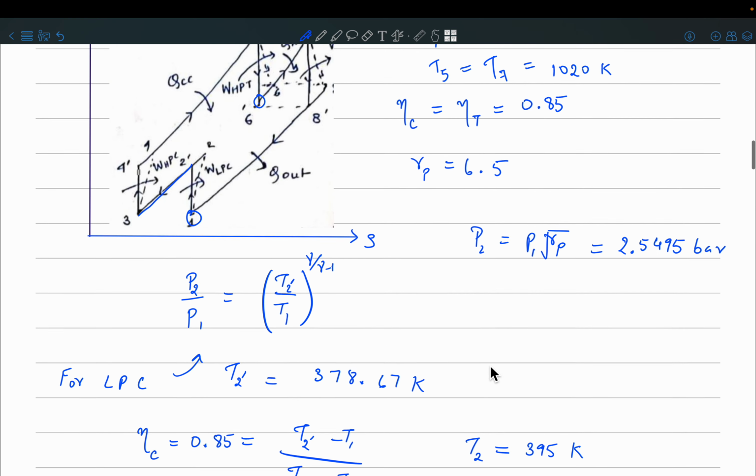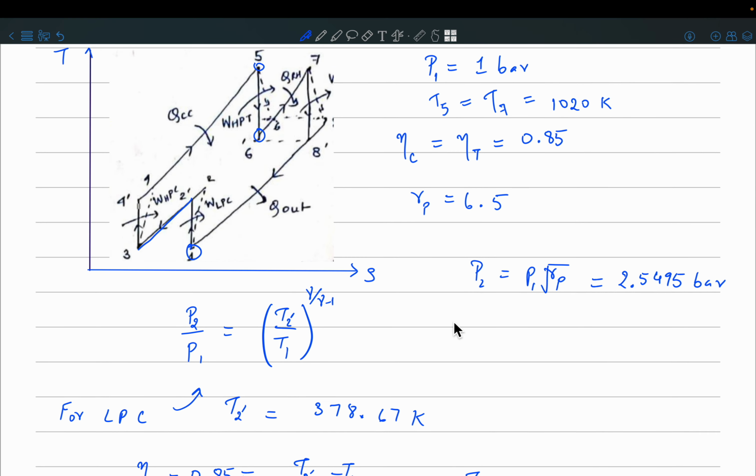In case you're wondering why there is a square root, remember the total pressure ratio of the compressor was given, that was P4 by P1. But that is equal to P4 by P3 multiplied by P2 by P1. Because both of them have the same value, this is basically (P2 by P1) whole squared.